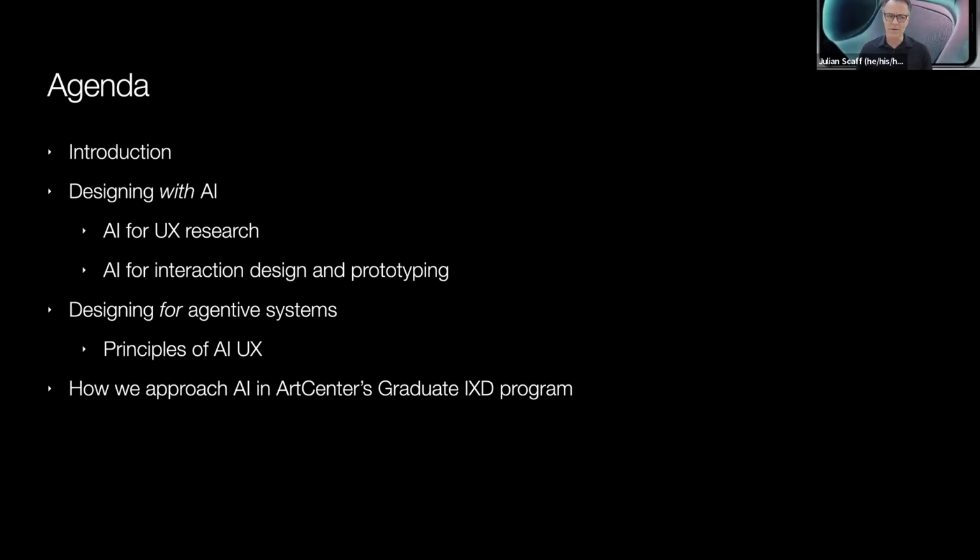And then I'm going to talk about designing for agentive systems and some principles of AI UX design. And finally, I'll talk about how we approach AI in Art Center's graduate interaction design program, and I'll share a little bit about that program. And there will be time for Q&A at the end. So if you have any questions, you can feel free to put them in the chat or you can save them for the end.